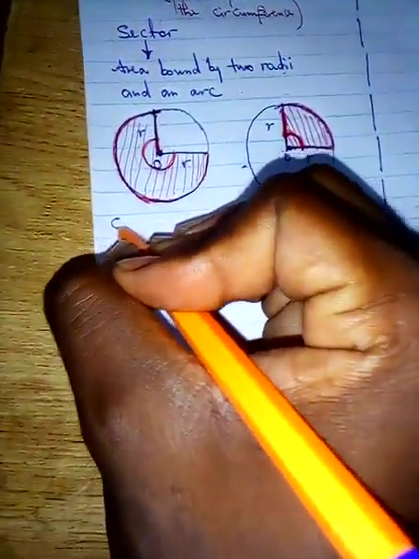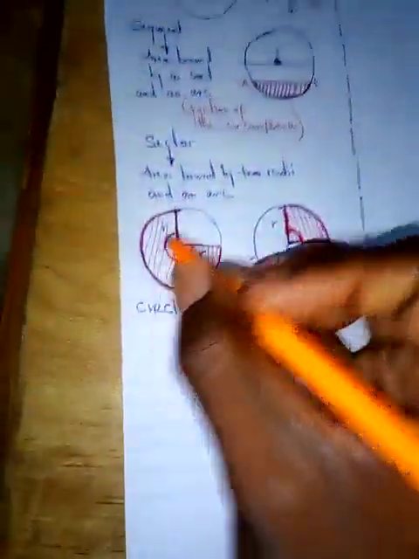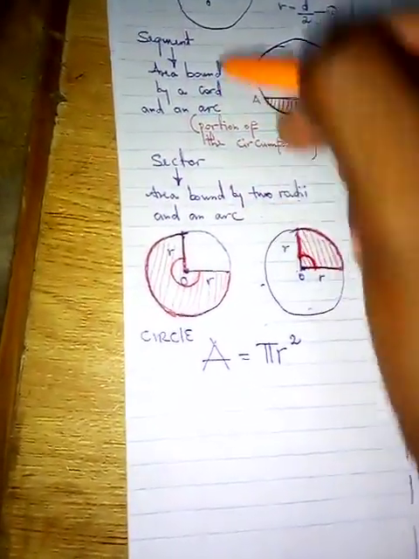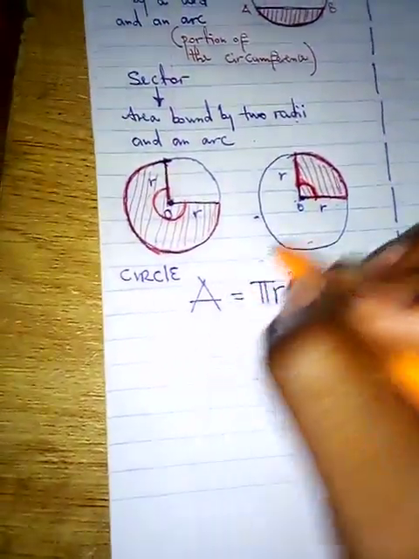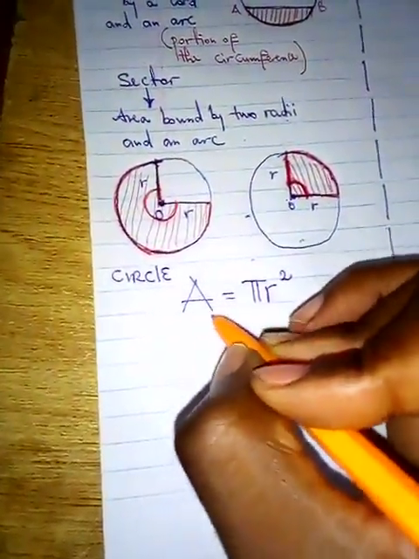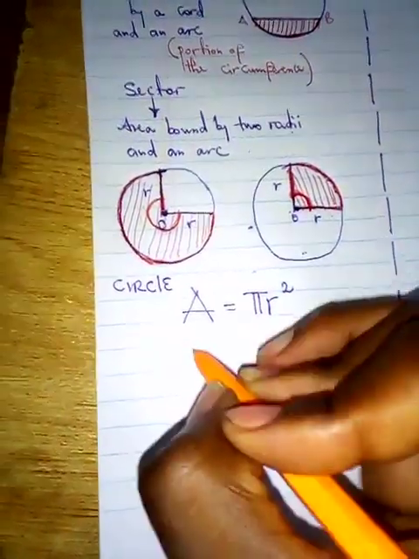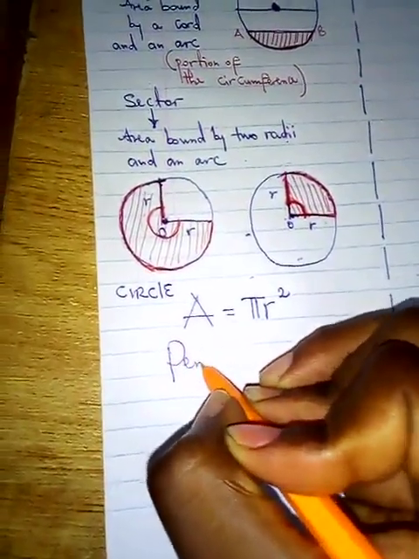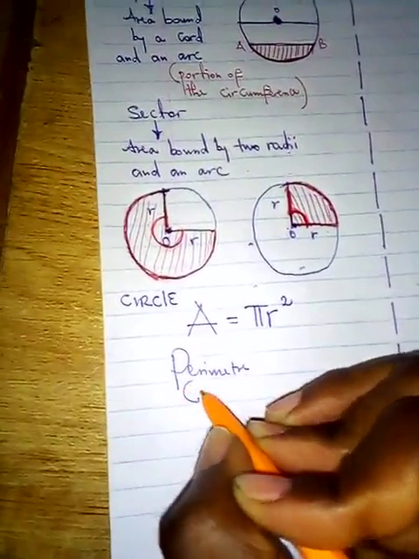So let's start with the circle before I come to its derivatives, like the segment and the sector. These are derivatives of a circle. So the area formula of a circle is A for the area is equal to pi r squared. The perimeter of a circle is known as its circumference.